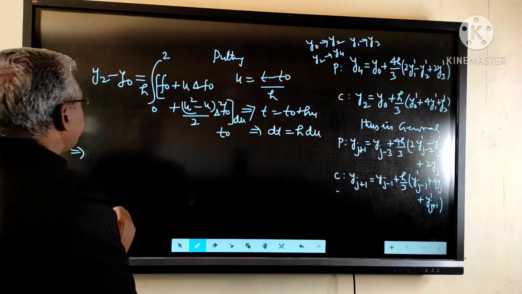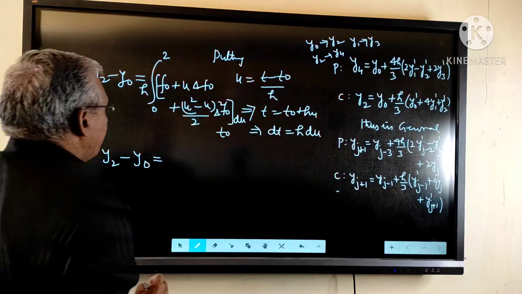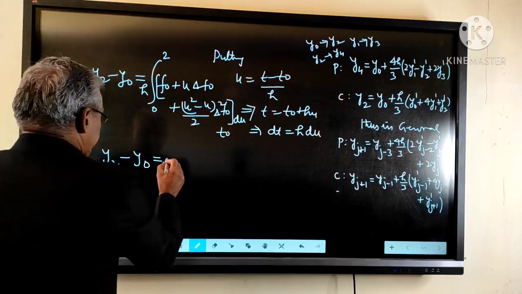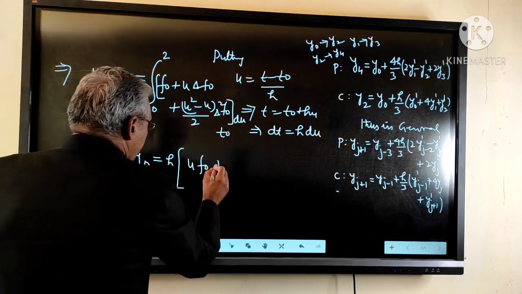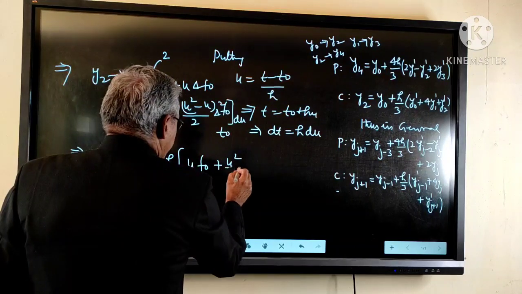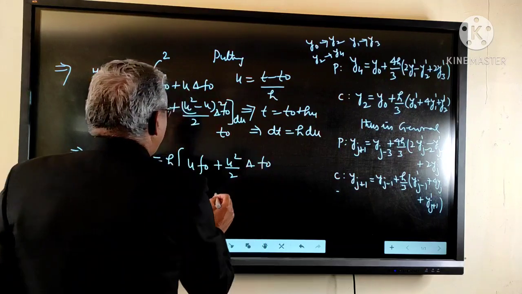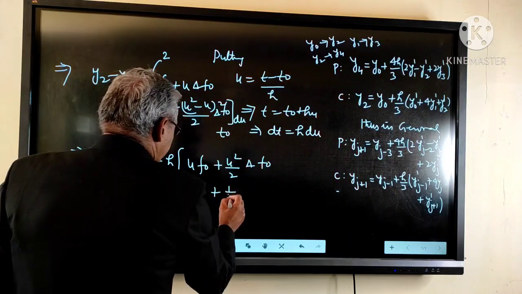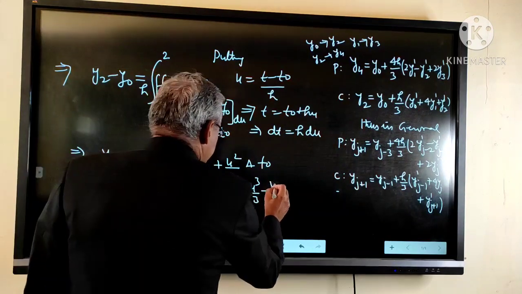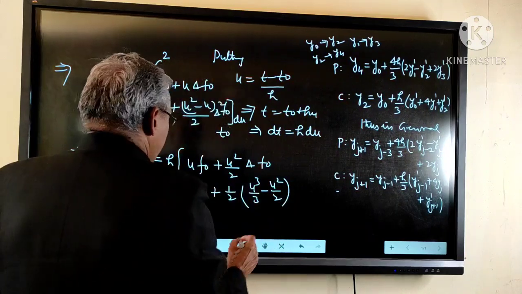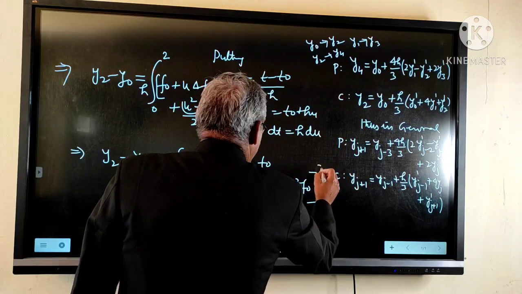Neglecting the higher order differences, y2 minus y0 equals h times the integral of u into f0 plus u squared by 2 into del f0 plus 1 by 2 into (u cubed by 3 minus u squared by 2) into del squared f0, within the limits 0 to 2.